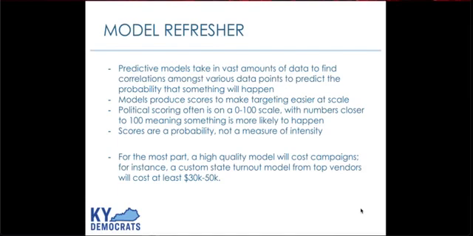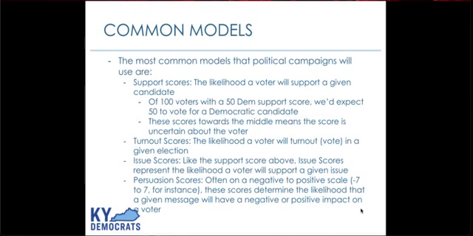That is definitely not in the budget of a lot of our local or state legislative candidates, maybe not even for some of our congressional candidates, but being able to build these in-house is that much of an investment into our candidates up and down the ticket.